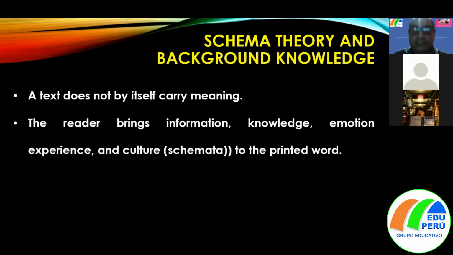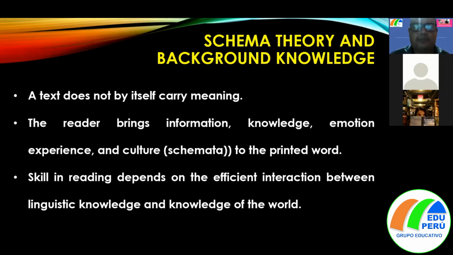Notice here the importance of the reader. The reader is going to be an active participant of the reading process, not a passive one, because he's going to bring some information too. Apart from the information that he could find in the text, he is also bringing some information to this text.